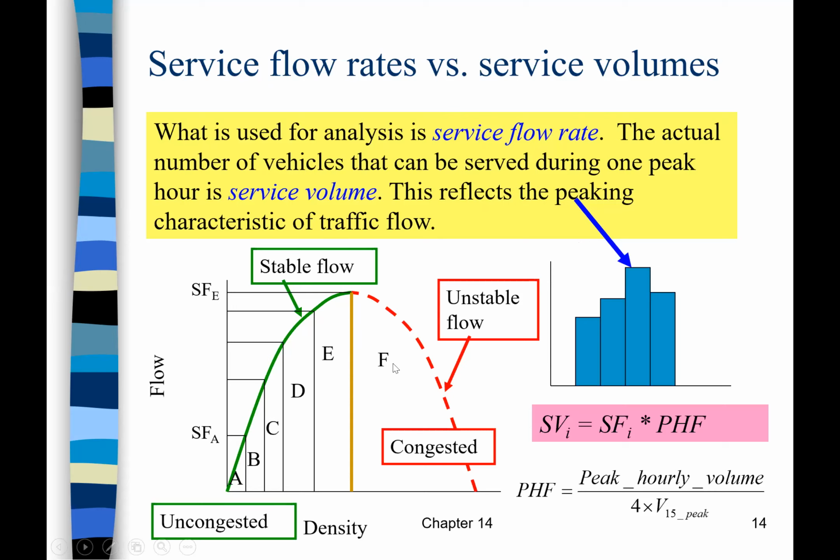So according to the graphic here on the left is the correlation of flow and density. This is the density that starts from 0 to jam density, right?